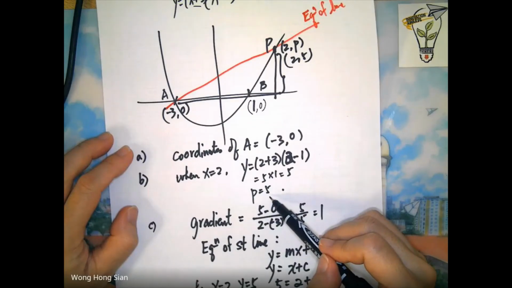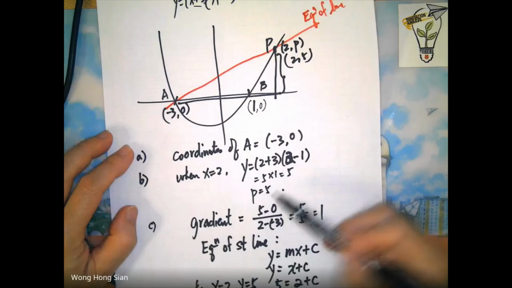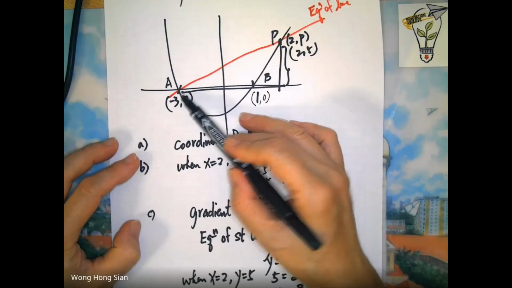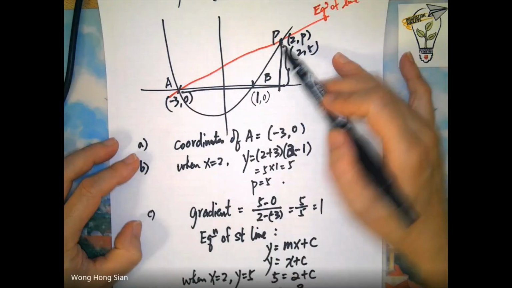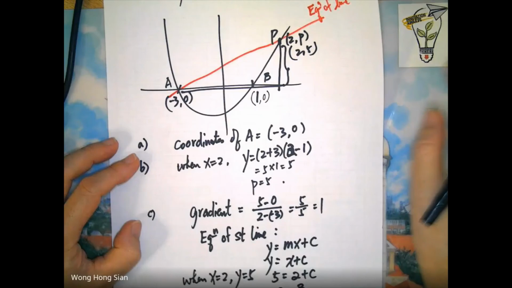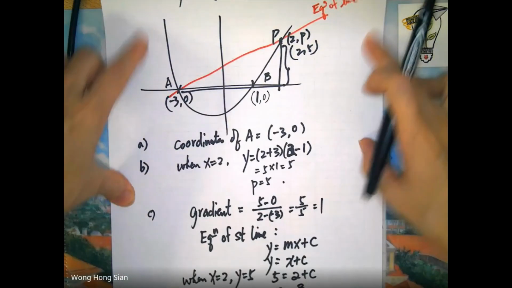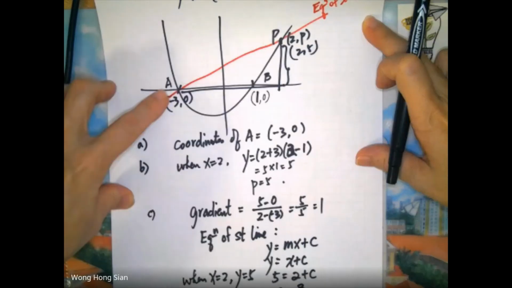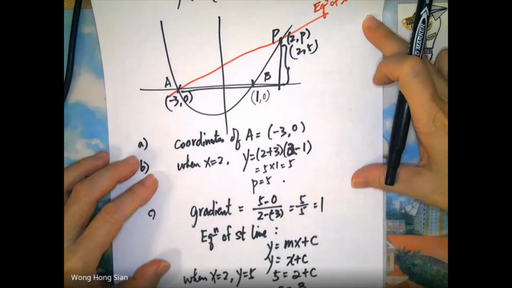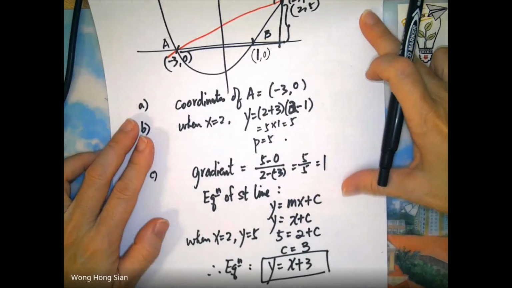Clear? Next, they ask, if I have one point here and another point here, and I join them by a straight line, the red line, that is the line they want to form, and then find the equation of this line. The equation of a straight line is of the form y equals mx plus c.